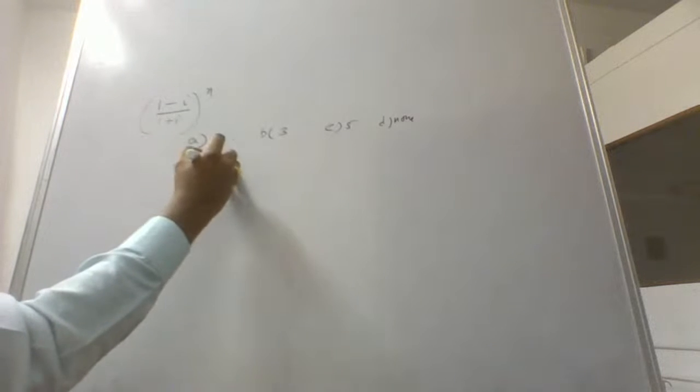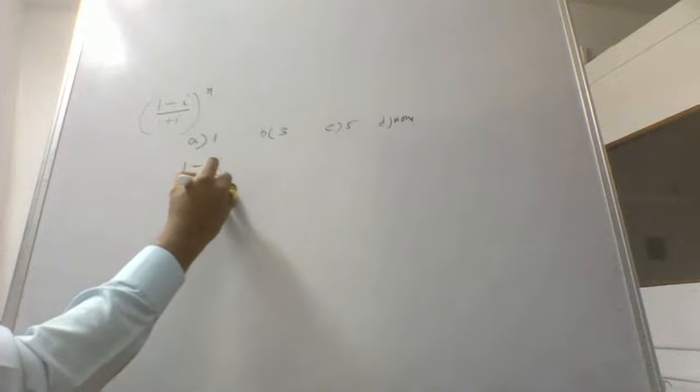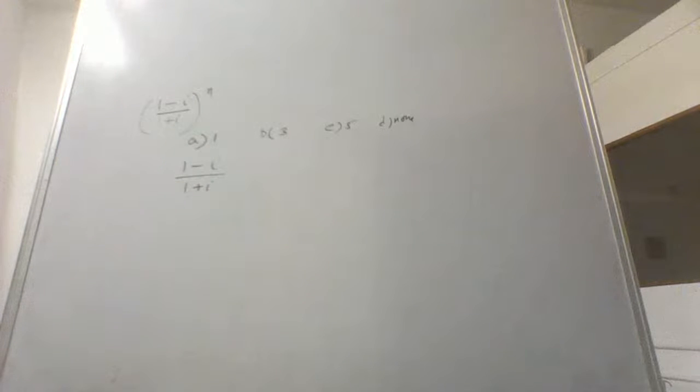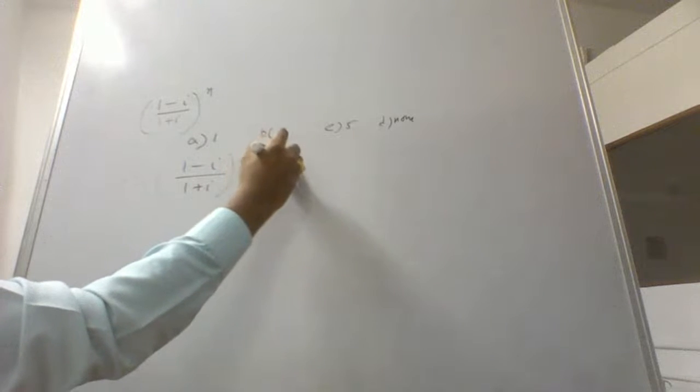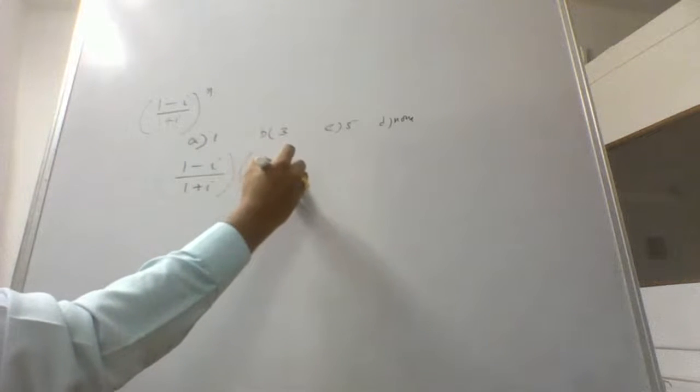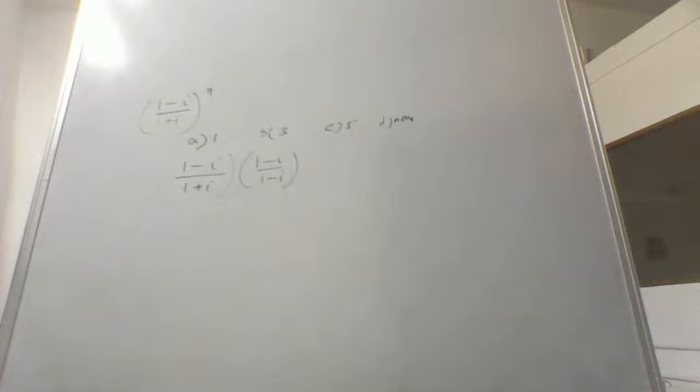Now, 1 minus i divided by 1 plus i, if you consider this, and the conjugate of this is 1 minus i, 1 minus i.